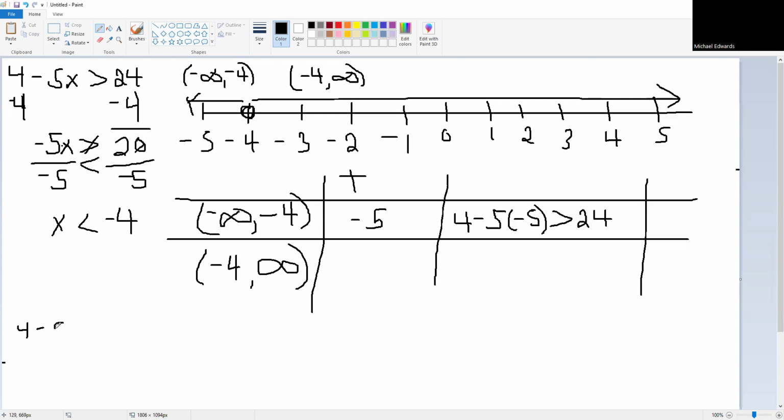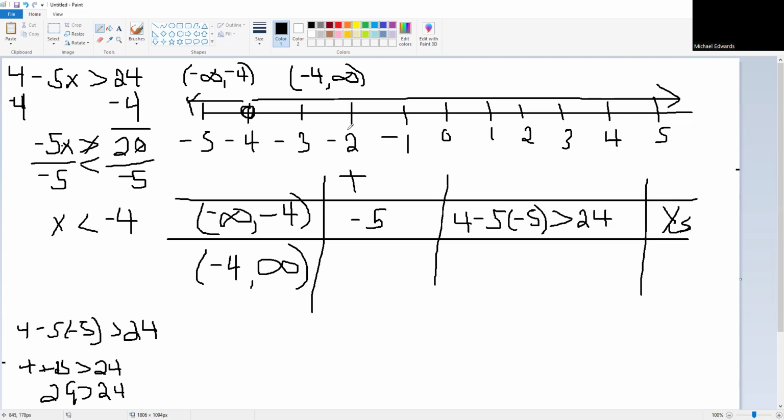So -5 times -5 is 4 plus 25, greater than 24. So this is actually 29 is greater than 24. And is 29 greater than 24? Yes, it is. Trust me.